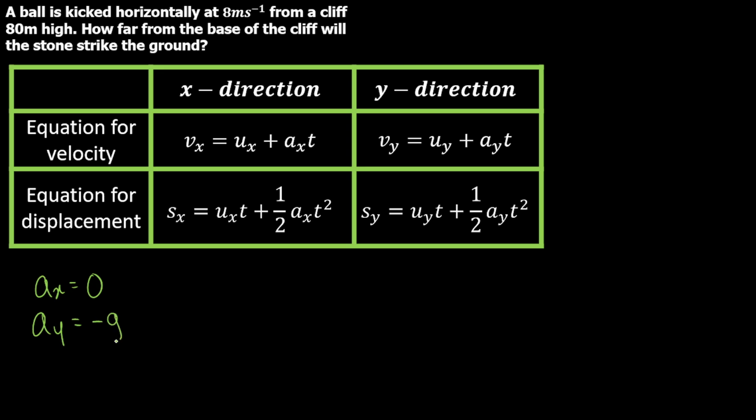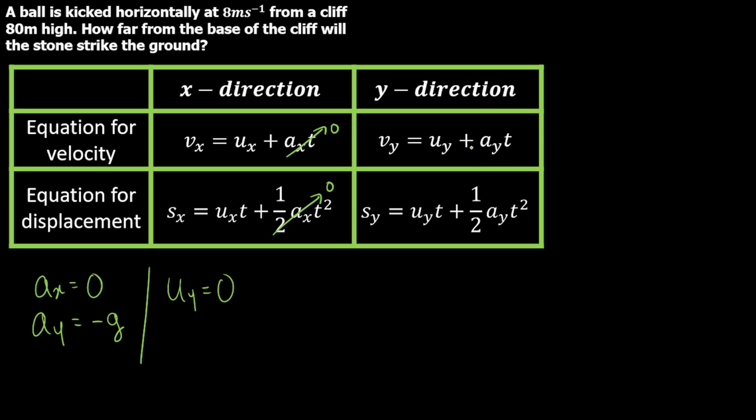Okay, now, as you can see, the ball is kicked horizontally, right? So there's no initial velocity in the y direction. So what that means is that uy is going to be 0. Okay? So because ax is 0, we can get rid of this. We can get rid of this.